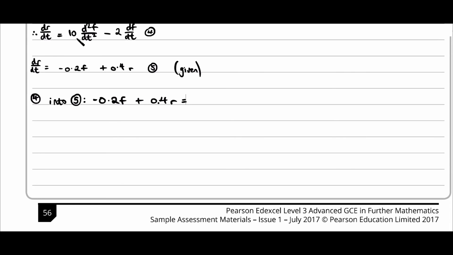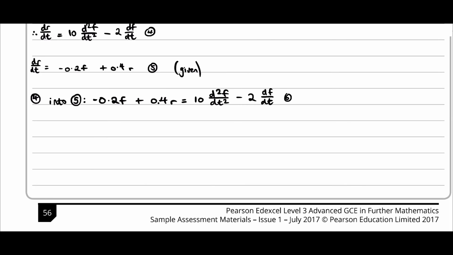Remember, dR/dt is 10 d squared F over dt squared minus 2 dF/dt. We'll call this equation 6. And we can now substitute equation 2 into equation 6.